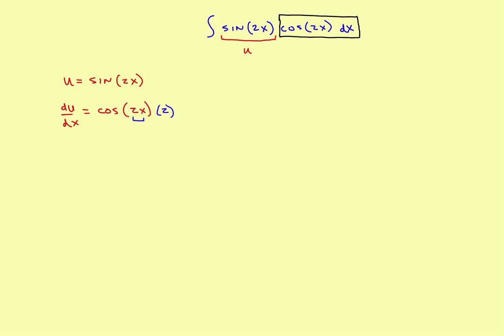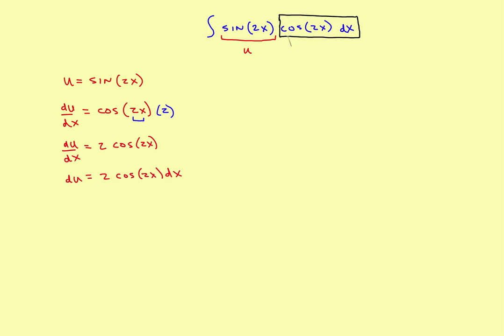Now on this next problem, I'm going to go ahead and move this 2 out in front here. So the derivative of u with respect to x would be equal to 2 times the cosine of 2x. Now that means the differential of u would be equal to 2 times the cosine of 2x dx.